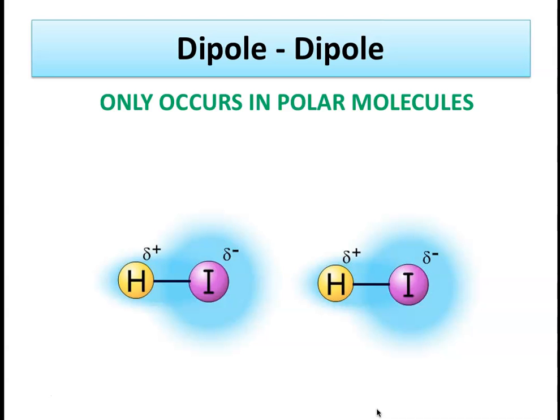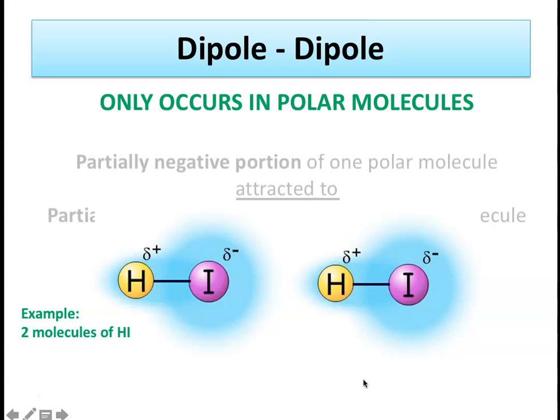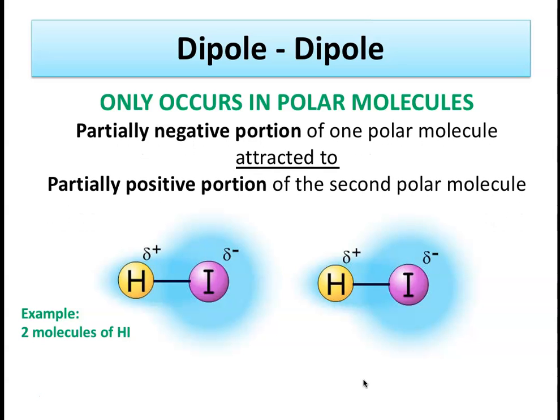The partial negative of the HI is attracted to the partial positive of a neighboring HI molecule. So, as I said, partial negative attracted to the partial positive of another one, and obviously as you get an entire huge sample of hydrogen iodide, they're all doing this. Questions on dipole-dipole? All right.